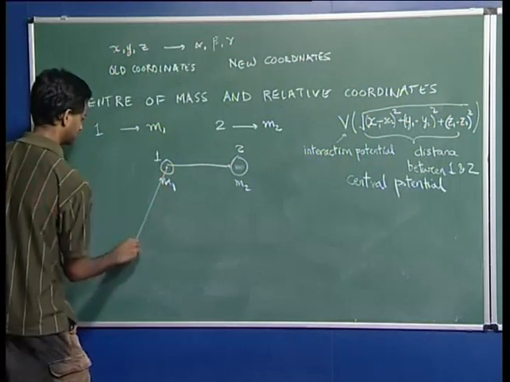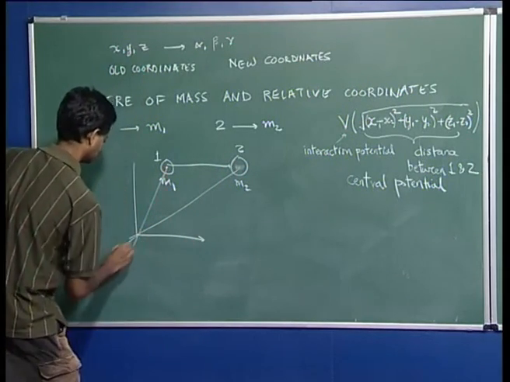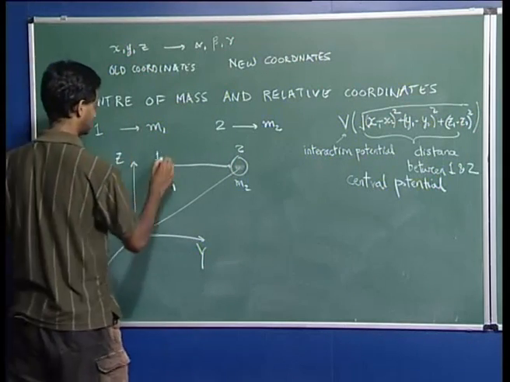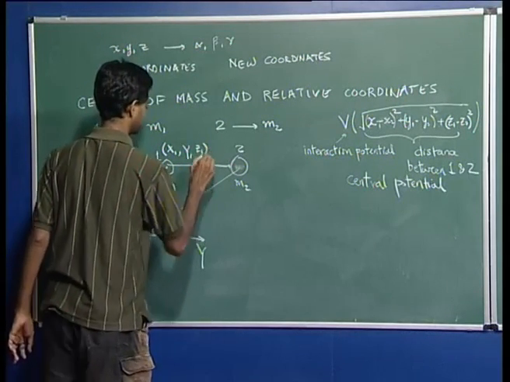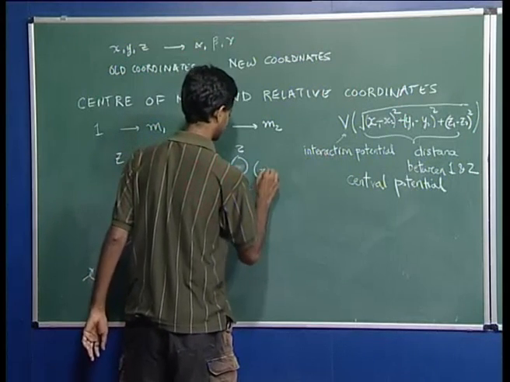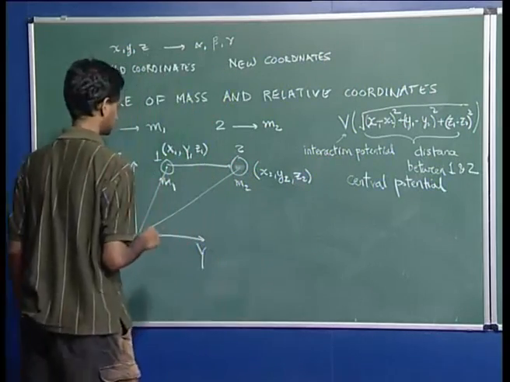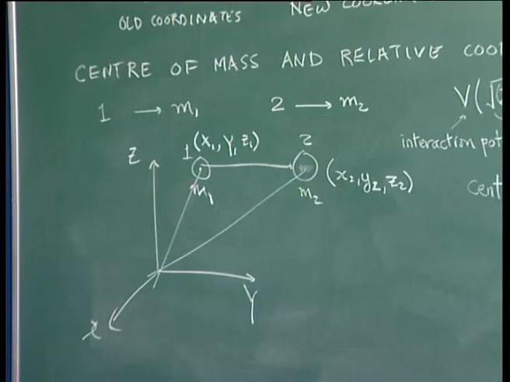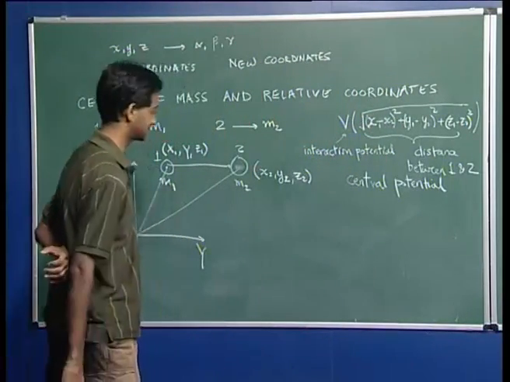Now the coordinates of this particle in the coordinate system are written as x1, y1, z1, and the coordinates of this particle are written as x2, y2, z2, all small letters here. So now we have specified the system. If we specify the form of the potential, then we have completed the specification of the problem.